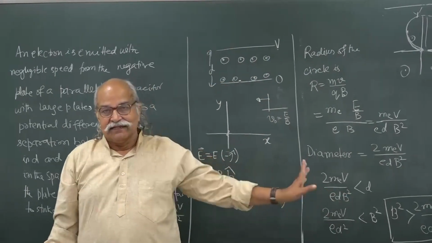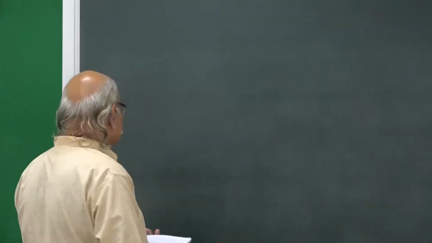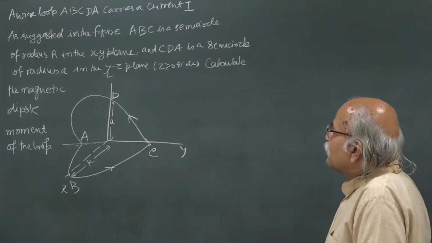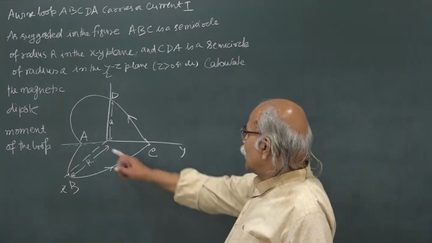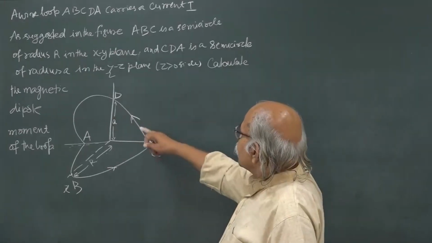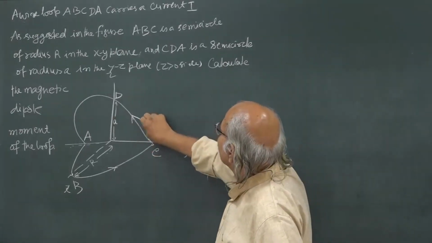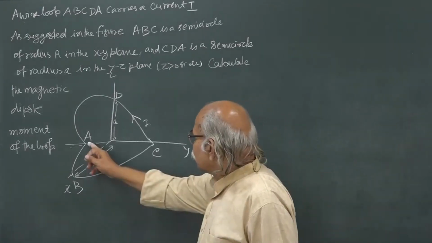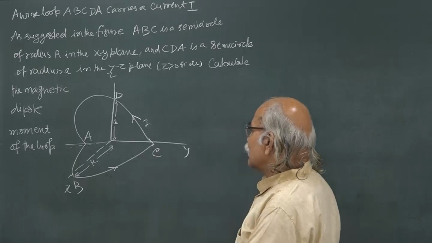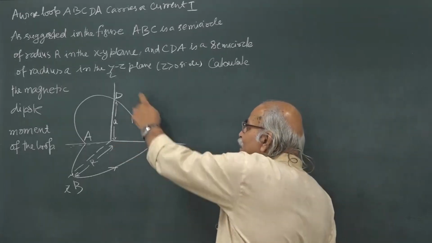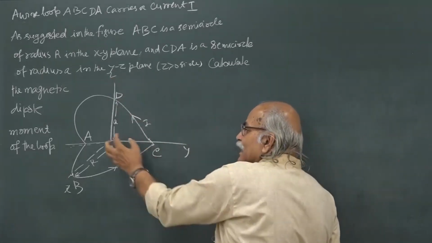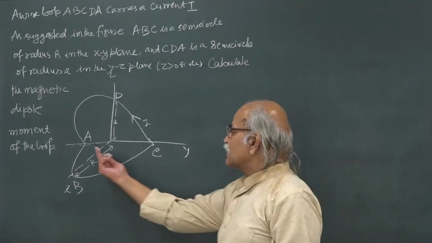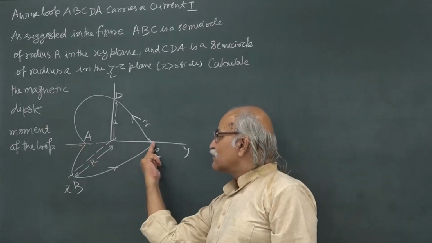Next question: wire loop ABCDA carries a current I, as suggested in the figure. ABC is a semicircle. Remember, it is a 3-dimensional figure; YZ is in the plane of the board, X is coming out. So you have a semicircle of this kind, and a semicircle of this kind.